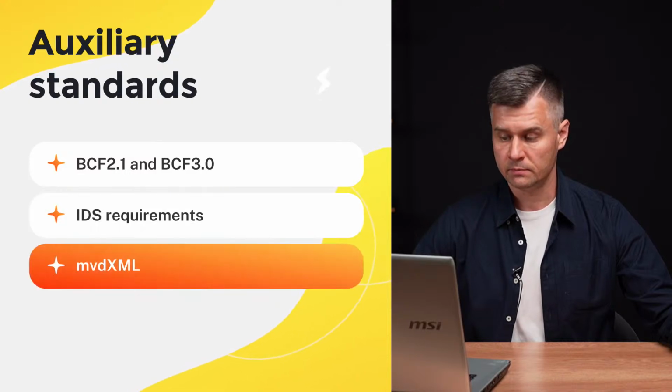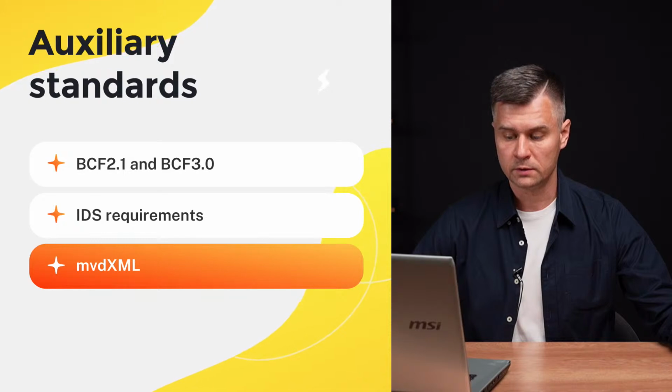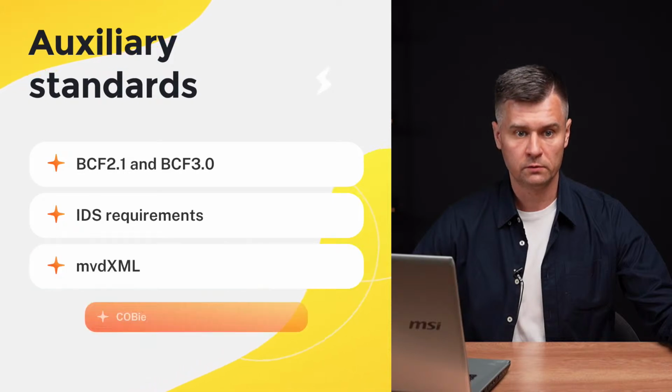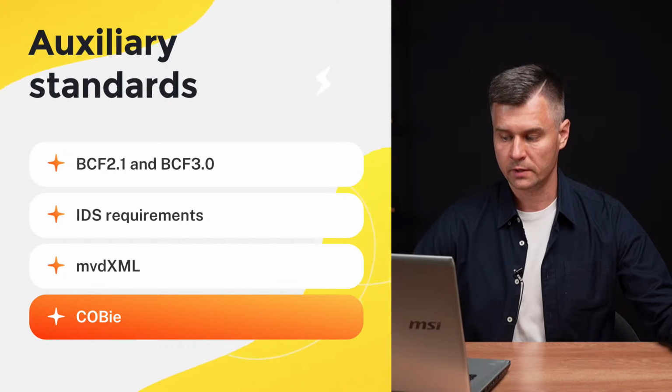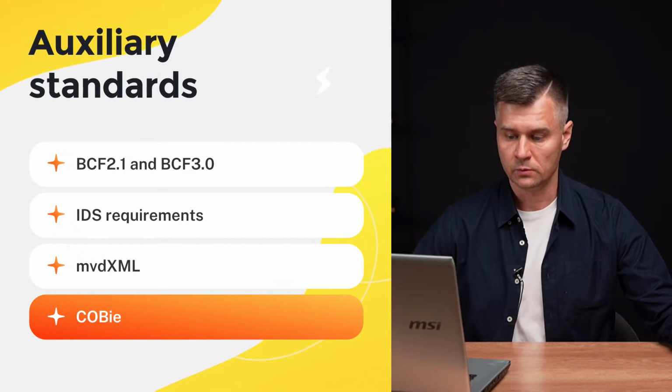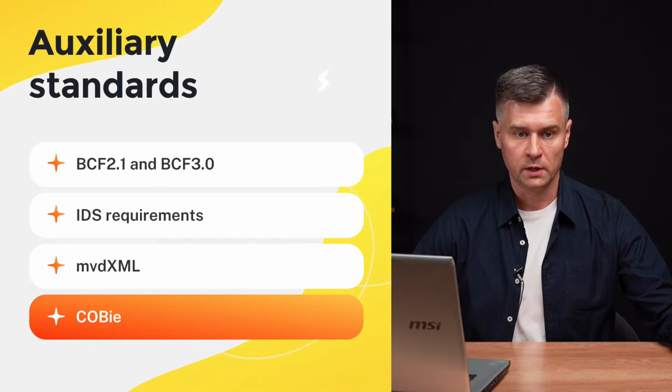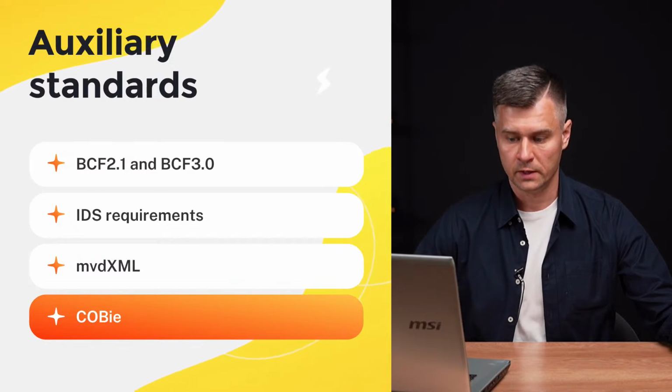MVD XML is also supported on our side, and one of the recently implemented auxiliary formats is COBie, a standard which collects all reference data such as building project structure, set of building elements, or even responsible persons from an IFC file into an Excel table. So this is also supported, and for this we also have a demo.